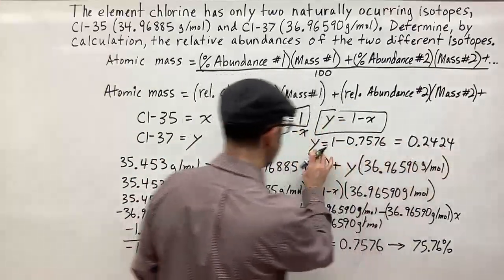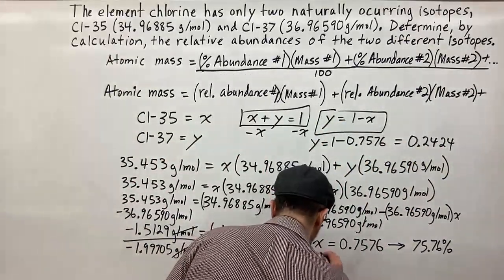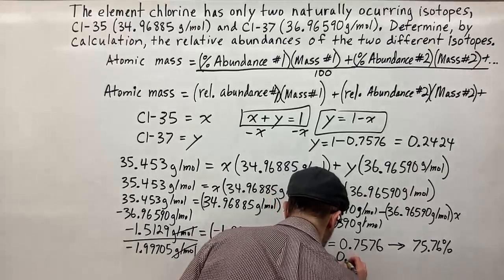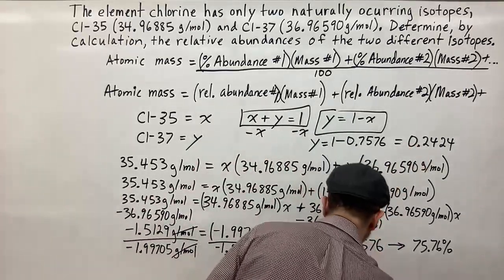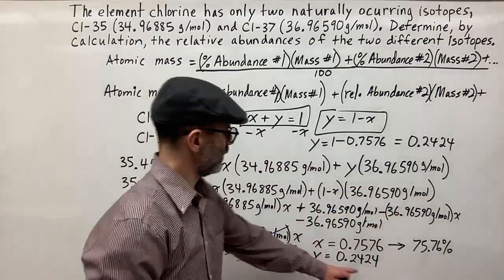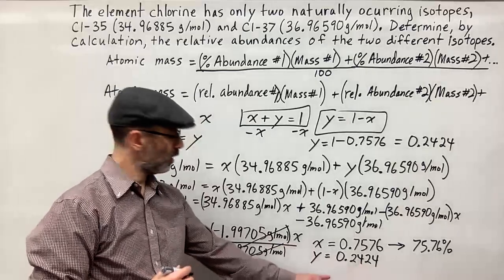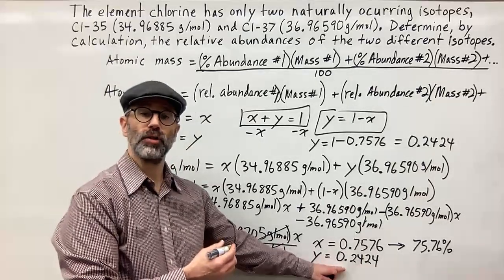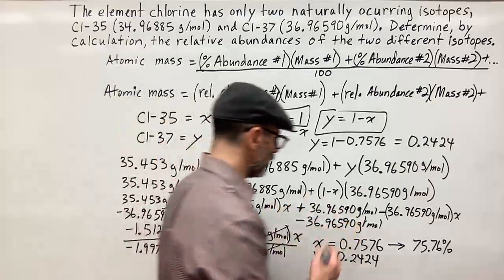So this is y. Y is equal to 0.2424. So that is the relative abundance of y. And again, if you multiply that by 100, you get the percent.